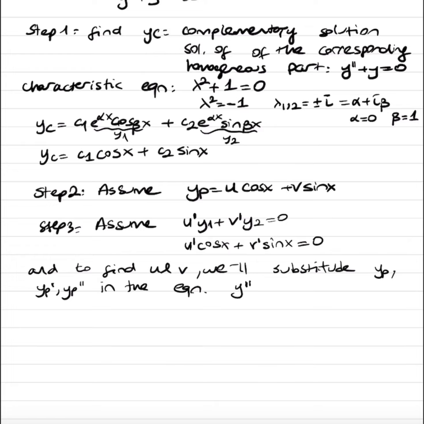So what was the given equation? Okay, y double prime plus y is equal to secant x is our equation.